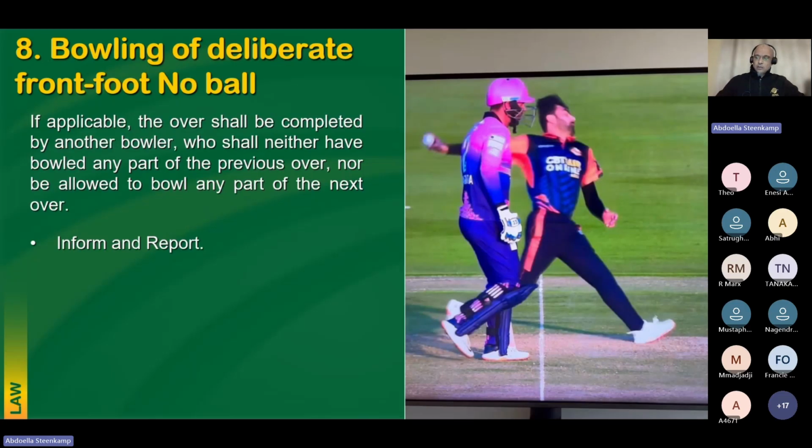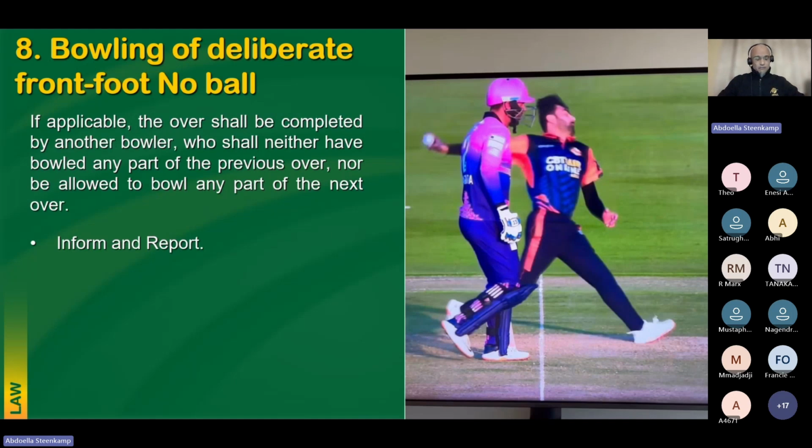So the point I'm trying to make is, context. Even though Dejan was as far over as this, I did not deem that to be a deliberate front foot no ball, because I took context into account. And I just let it go. I just called no ball. The next delivery, Dejan shortened his run-up a bit, and he then got through the over.